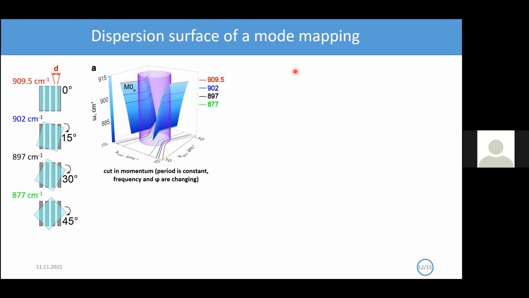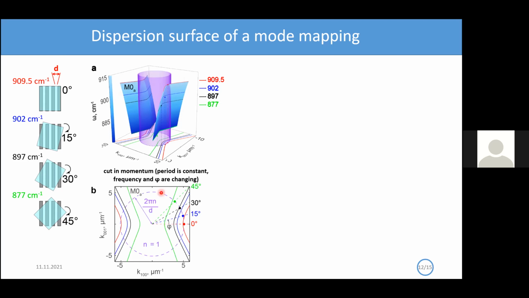In real space, this cylinder corresponds to using the same grating for all twists. If we go around this cylinder, we change the angle between the metal grating and the flake, we do twists. And if we look at the intersection points between the cylinder and the isofrequency curve, we see that it gives us the angles for which we see these resonances in the experiment.